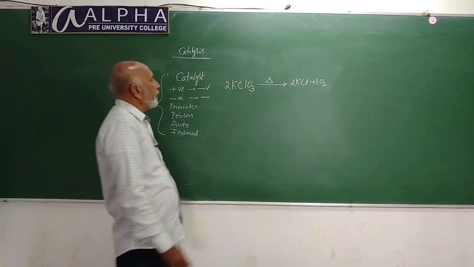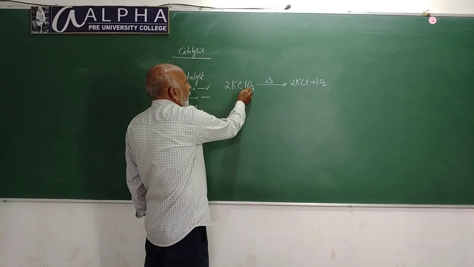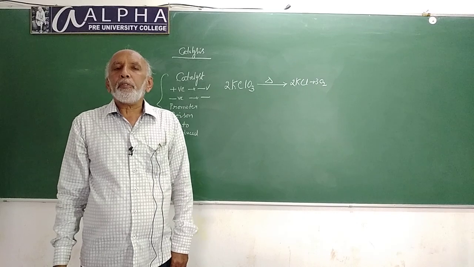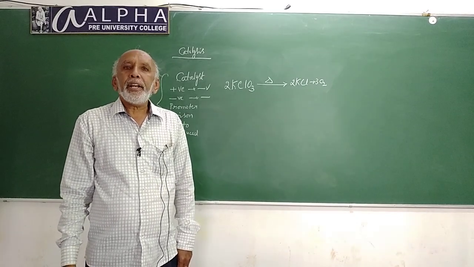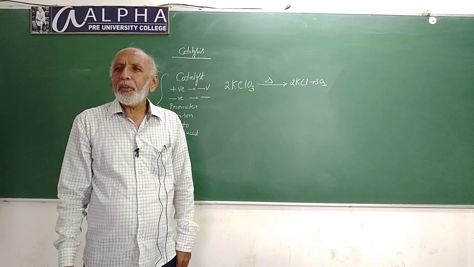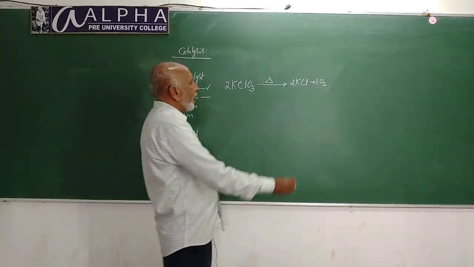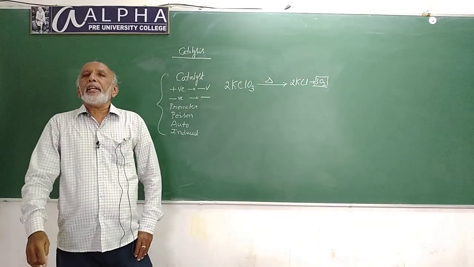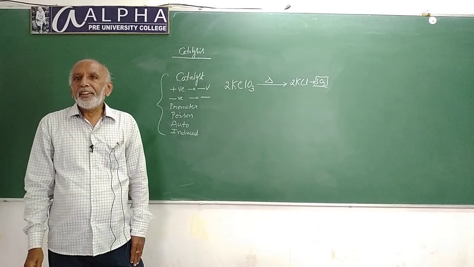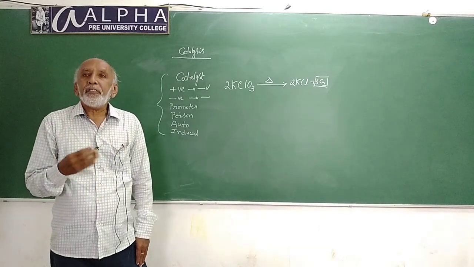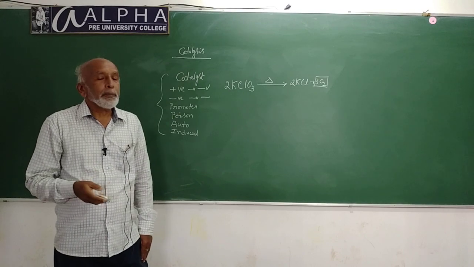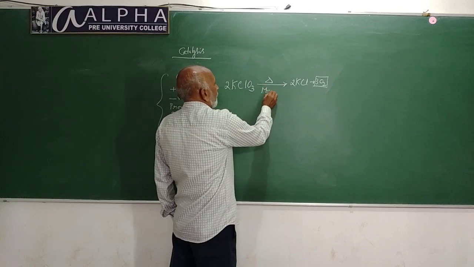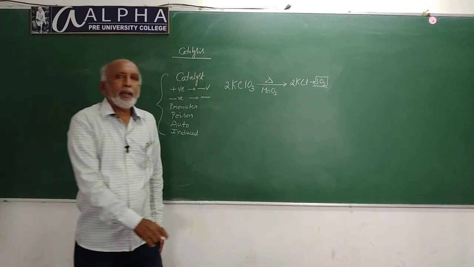If you use only potassium chlorate for the preparation, the rate of thermal decomposition of potassium chlorate is very low. It slowly decomposes, so the rate of formation of oxygen is very, very slow. To increase the rate of decomposition, sometimes we use a substance known as manganese dioxide, MnO2.